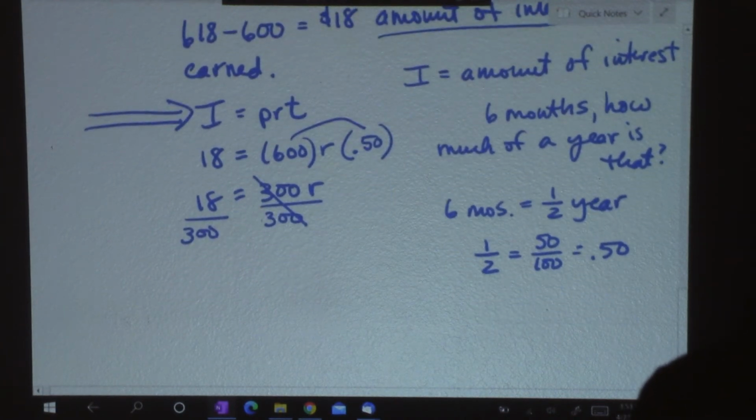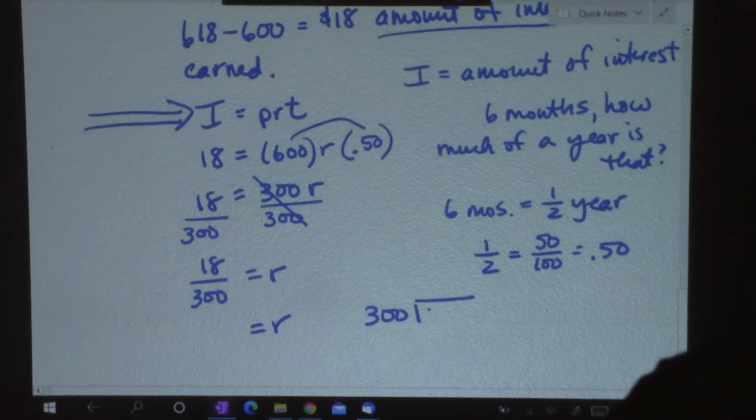It's a good thing we know how to solve simple equations, right? We're using some of that. So then I have 18 out of 300. And if I divide 18 by 300, remember my denominator goes here, I get, let's see, 0.6.